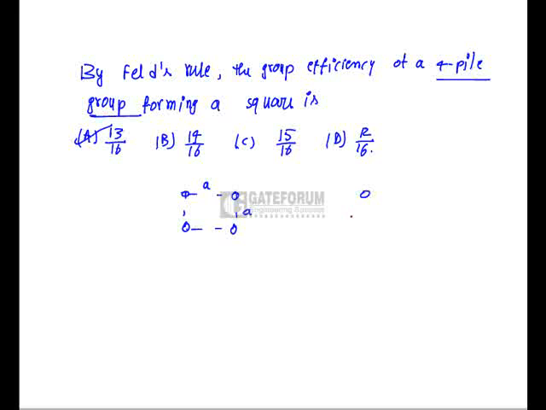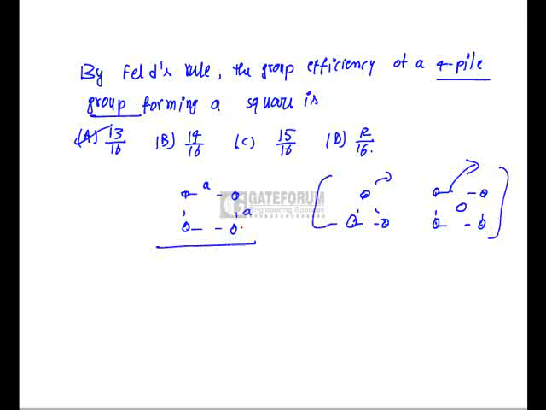An equilateral triangle with 3 piles is going to have some other group efficiency by Feld's rule, and 5 piles forming a square with 1 pile at the center has some other group efficiency. These group efficiencies are different, and the group efficiency for this 4 pile group is 13 by 16.